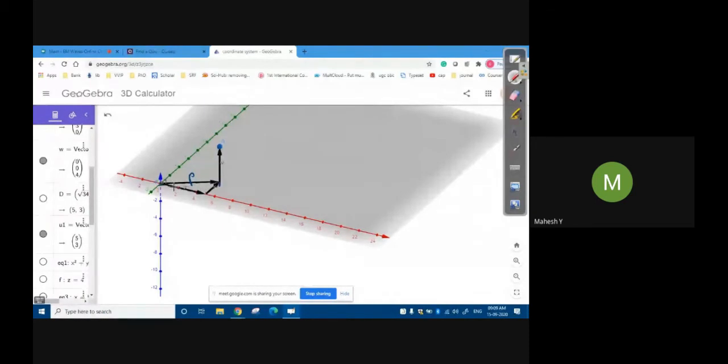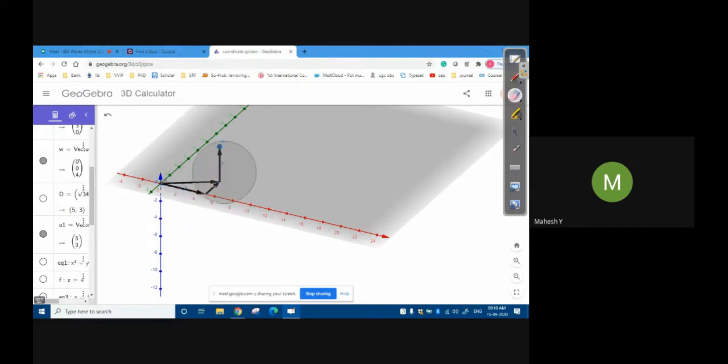But to move in that direction, I need a specific angle. That angle between the x-axis and rho is called phi. And from that point to A, there is a height, right? That height is called z. So this is the second coordinate system having dimensions rho, phi, and z.